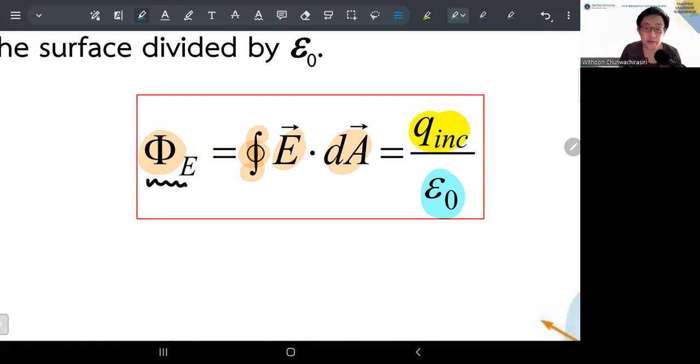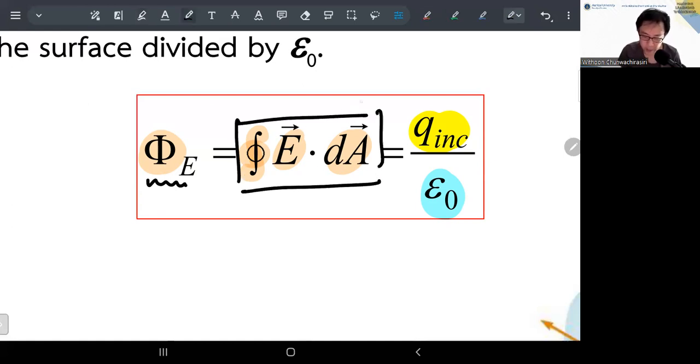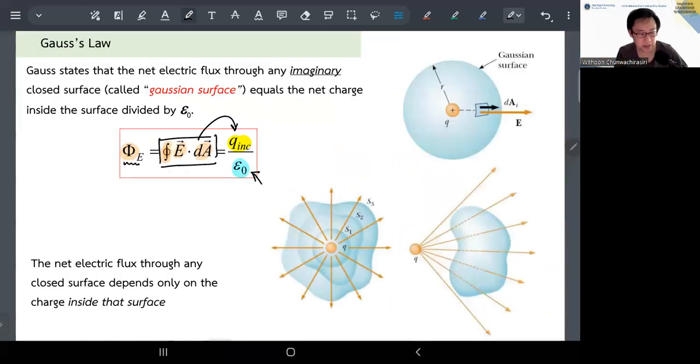So the key concept here is, if you know how to calculate flux, that is the big evidence telling you how much charge should be inside that closed surface. The constant is here just to make things perfect with everything else in physics. That's all. And that is Gauss's law.